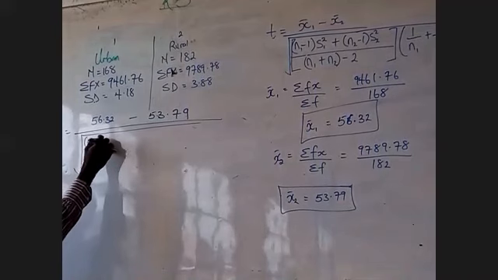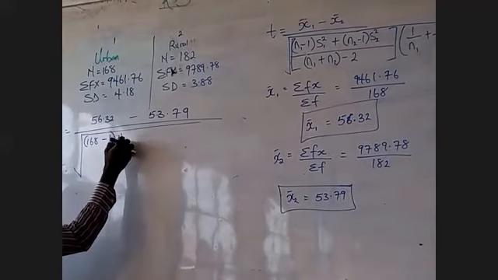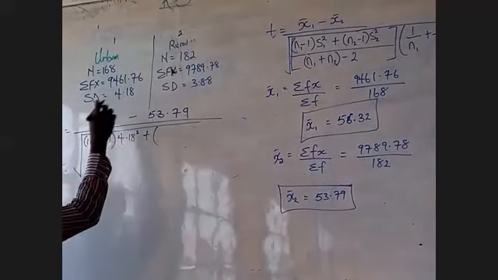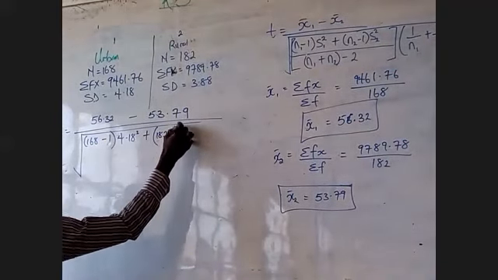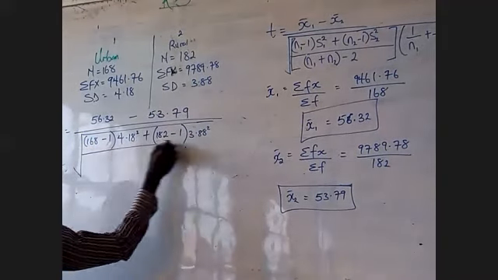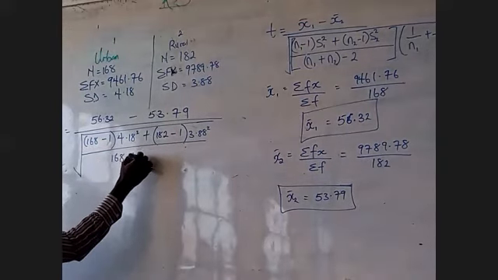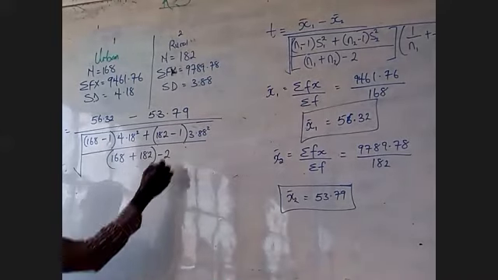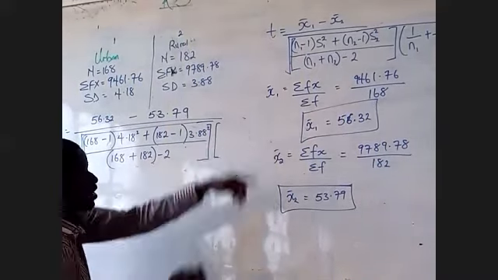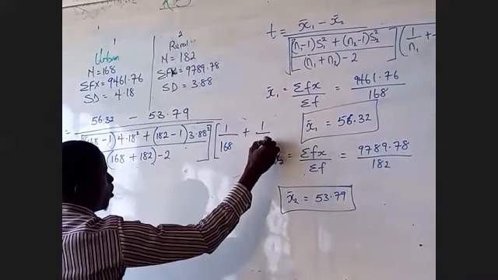That's 168 minus 1, then the square of the standard deviation, which you have been given as 4.18 square, plus n2, which is 182 minus 1 multiplied by the standard deviation, which is 3.88 square, all divided by n1 plus n2, that's 168 plus 182 minus 2. Remember, all these are inside a particular bracket, and it's going also to multiply 1 over 168 plus 1 over 182.